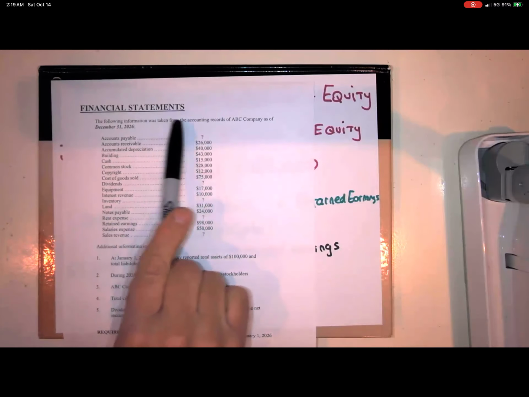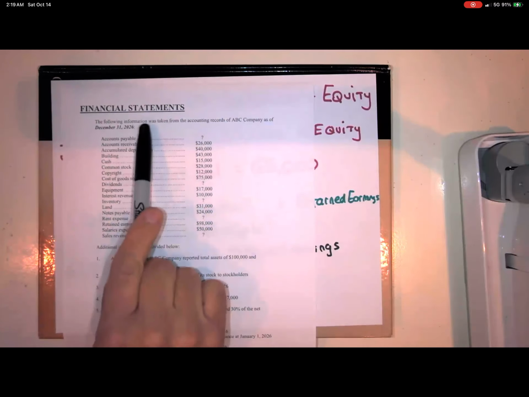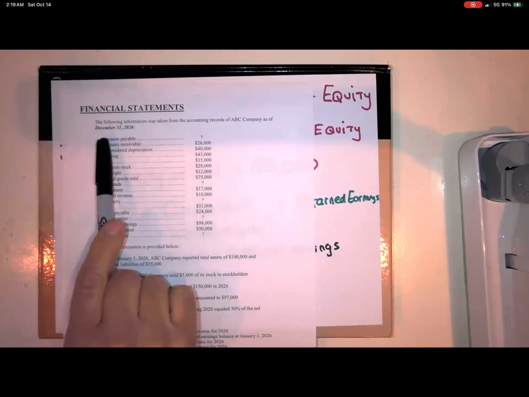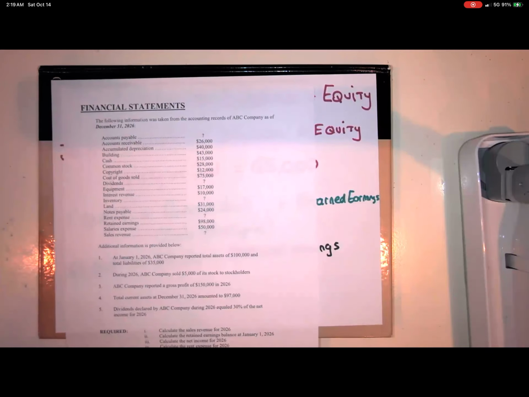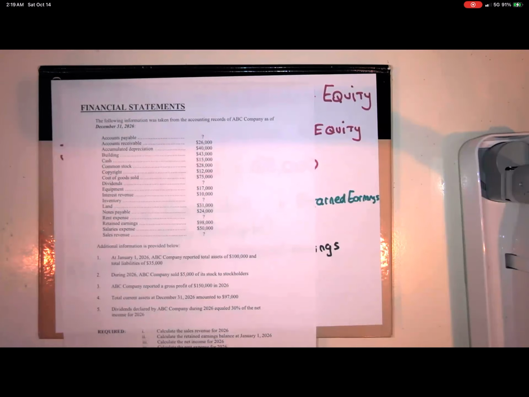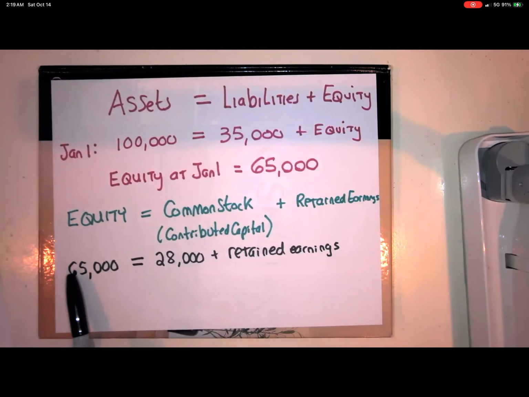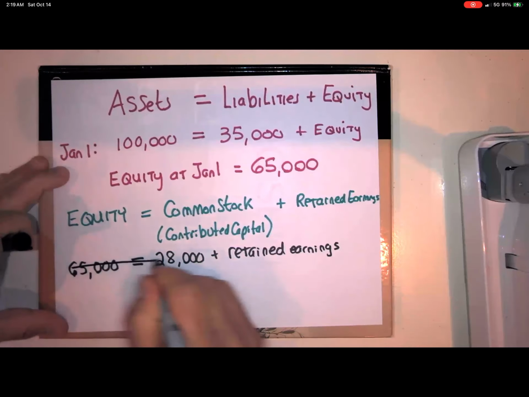And this problem clearly says these accounts were as of, here in bold and italics, December 31. I basically commingled my dates. Can't do that. Like Matthew said, the dates need to line up. Everything needs to be at January 1st to make this work. So this isn't going to cut it.